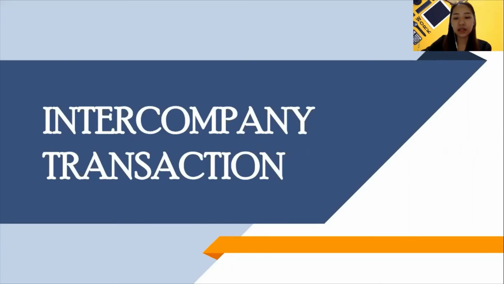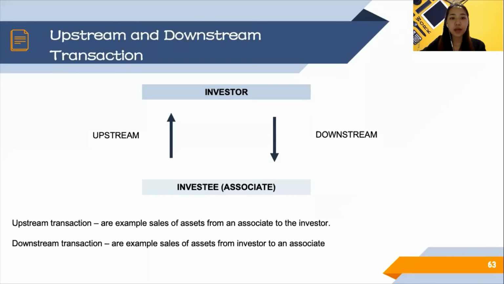So as I discussed, the upstream and the downstream transaction is dito natin malalaman. Upstream and downstream transaction. When we say upstream, basically, the seller is the associate going to the investor. So ang assumption kasi dito, kaya nasa taas yung location ng investor kasi nga siya yung nag-invest.